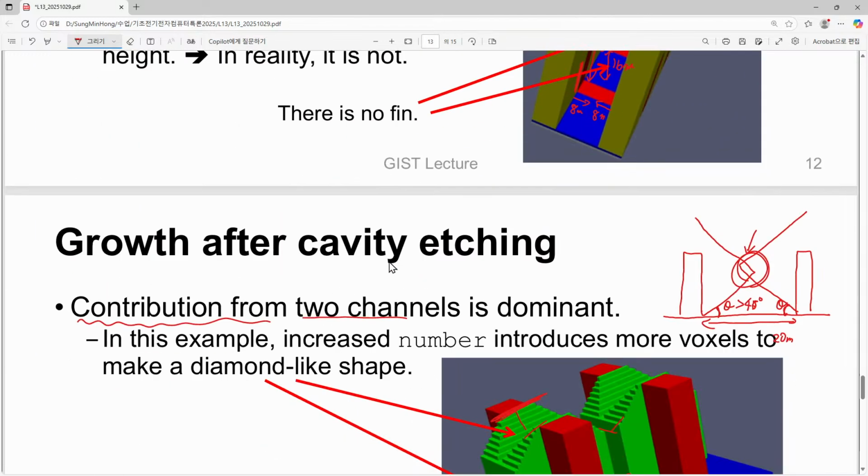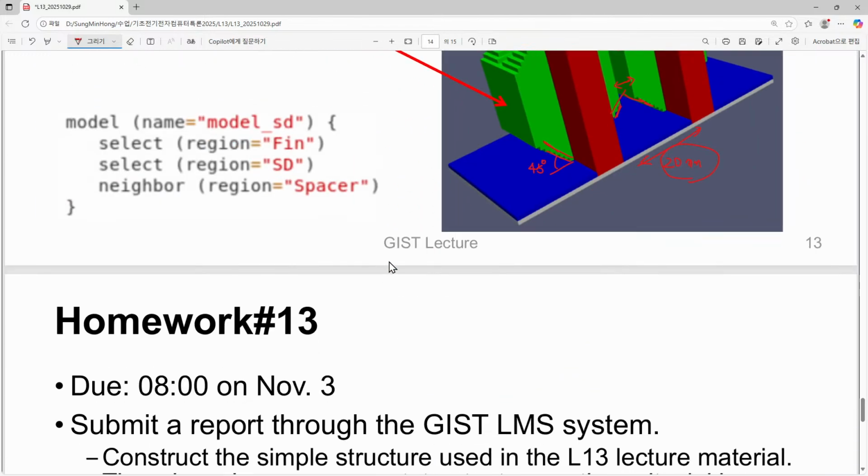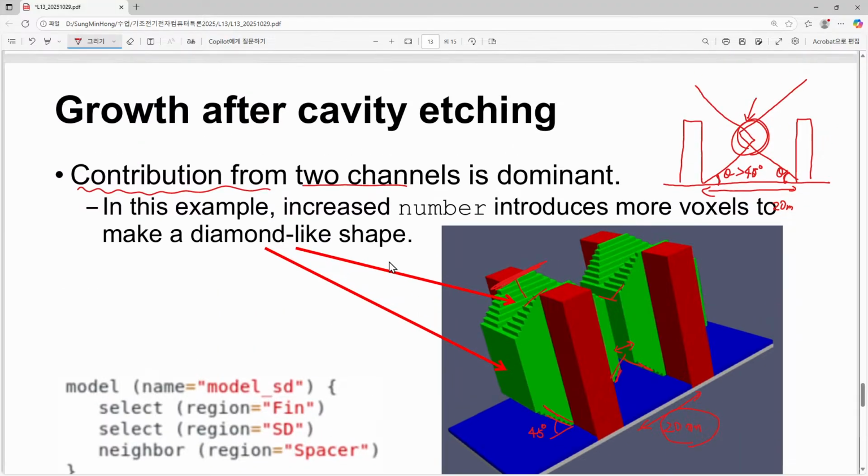So now I wanted to conclude today's lecture, where we have spent a few lecture slots on this source and drain epitaxial growth. First, we considered the crystal structure and experimental data and KLMC result, and how we can bring it to our Armstrong craft.